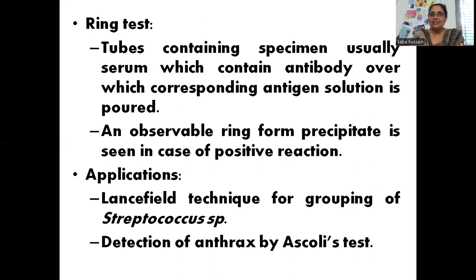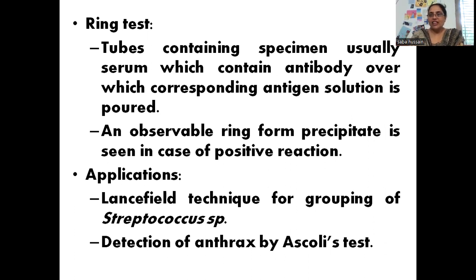Talking about the ring test, tubes or capillary tubes contain the specimen, that is usually serum. And serum has antibodies, and the corresponding antigens have to be detected. And this antigen solution is poured on this solution containing antibody. What will happen? A ring will be formed, which will be seen as a precipitate.